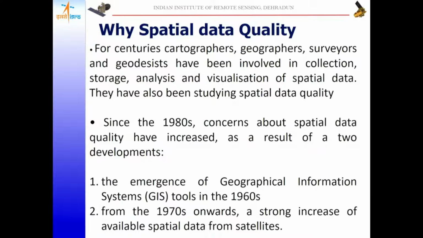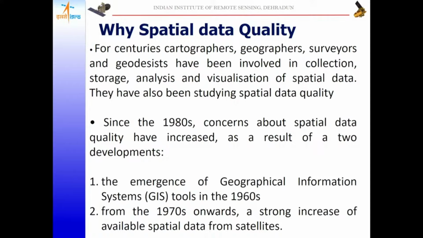In earlier times, surveyors used to go and do the survey, and cartographers used to make maps, maybe paper maps, and based on that they used to analyze the spatial data quality.